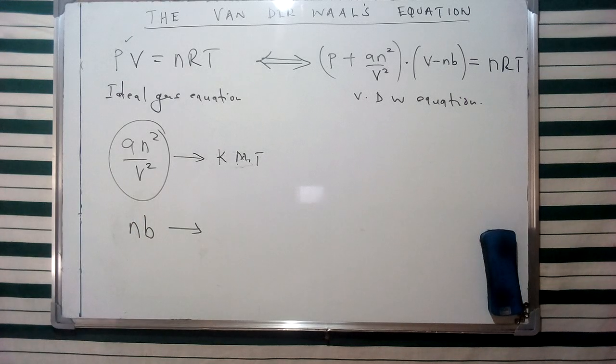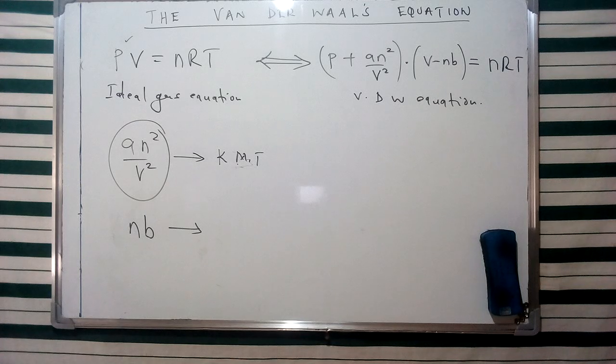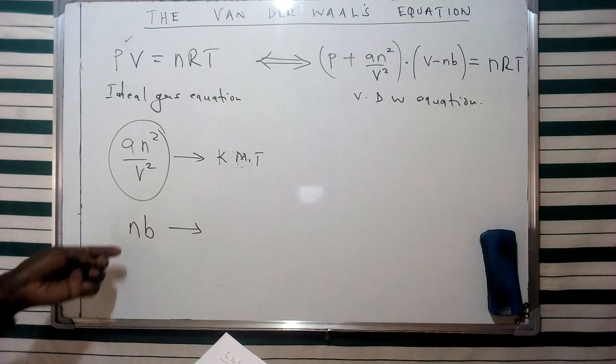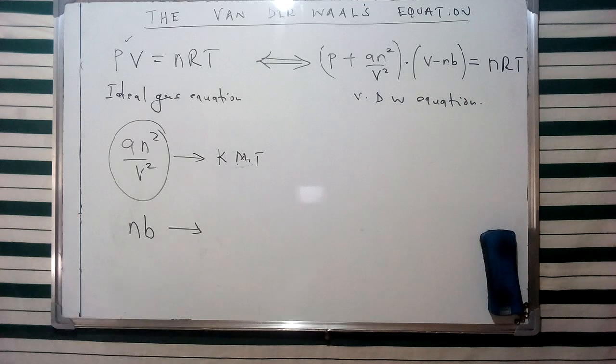And of course, a is going to be a correction for pressure, which increases with the number of atoms, as we say. And the intermolecular attraction, which also increases with the number of atoms, is going to be catered for by increasing or decreasing those specific factors which have been expressed in the van der Waals equation.